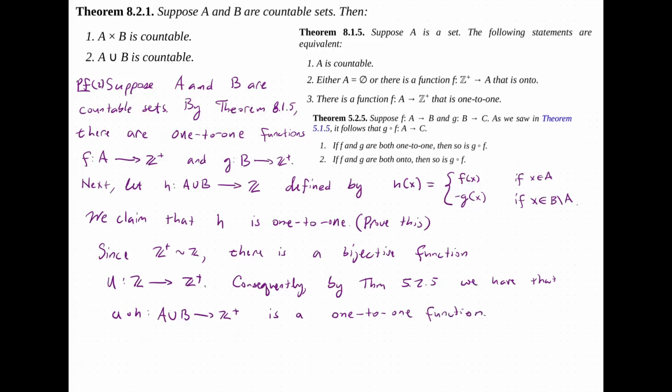And now we use theorem 815 to conclude the proof. So by theorem 815, we conclude that A union B is countable. And that does it for theorem 821. So we are done.